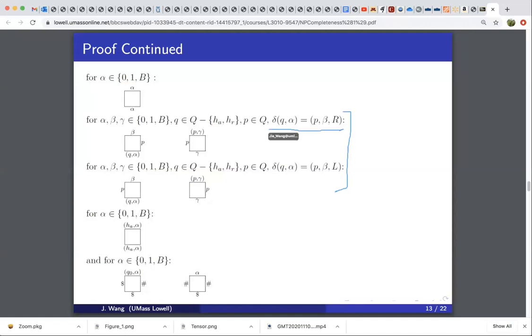My read-write head points to alpha, my current state is Q, and I'm going to move to the right.